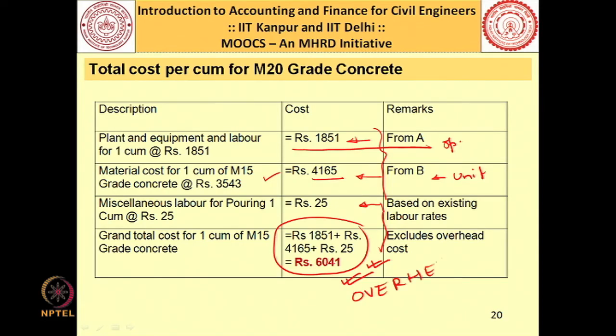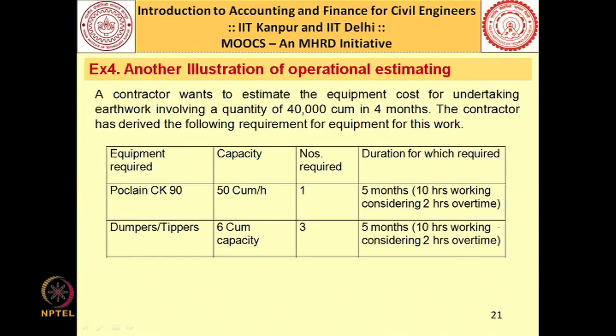So far I have not done any discussion on my overhead part. It will be done in some other lecture, but to just make you more clear about this method again, I have given you one small problem. So, you can see here in this particular problem, I want to calculate the cost of 1 cubic meter of excavation using plant and machineries. So, I have to carry out 40,000 cubic meter of earthwork in 4 months time.